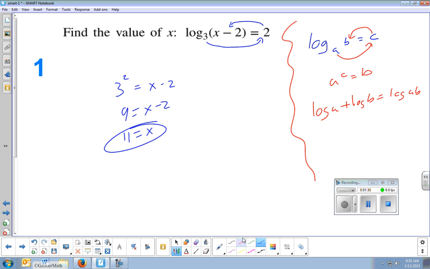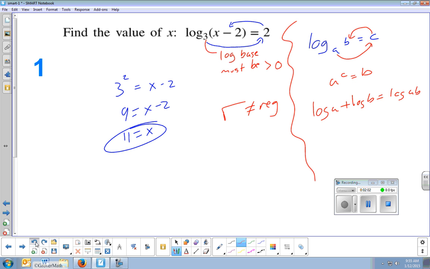The one thing you have to remember about log equations is that if x is ever the base, it must be greater than 0. It's kind of like those radical equations where sometimes we got two answers and we rejected one of them because a square root can't equal a negative.